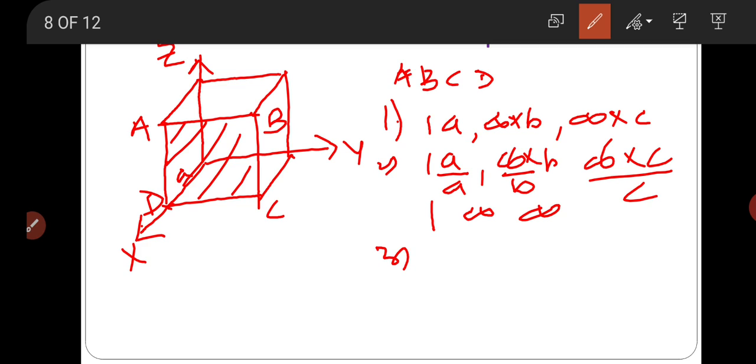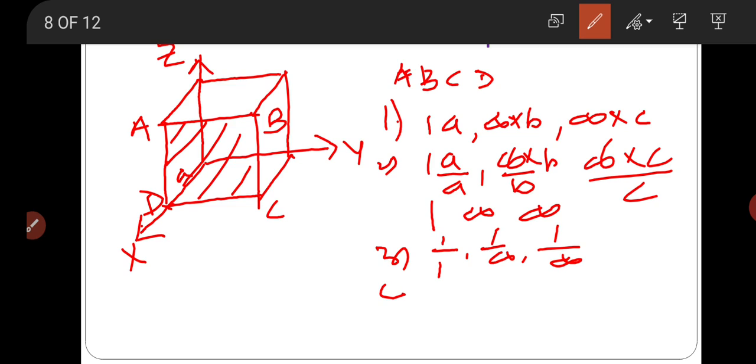Now in this case, to avoid the infinity in these integers, you have to take the reciprocal. So the reciprocal is required to avoid these infinities in the integers. So take 1 by 1, 1 by infinity, 1 by infinity.